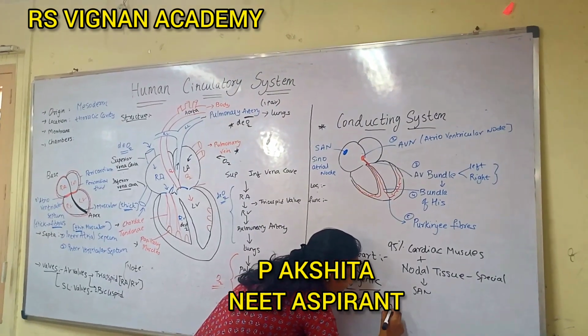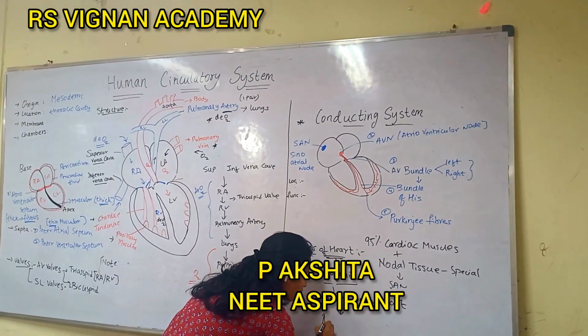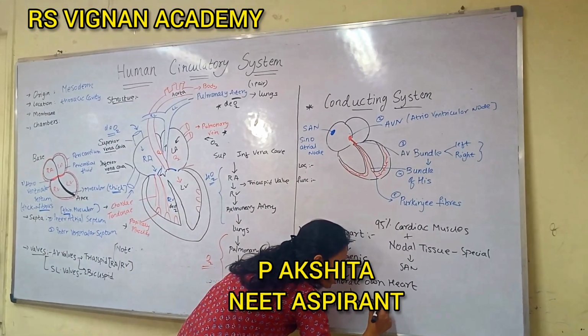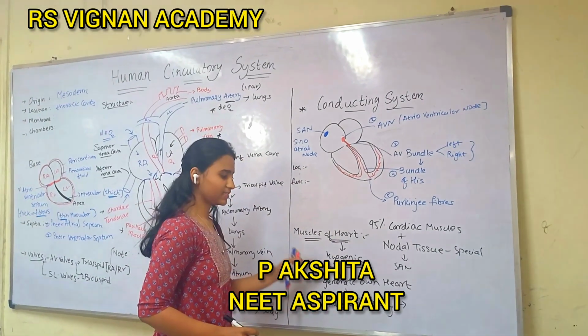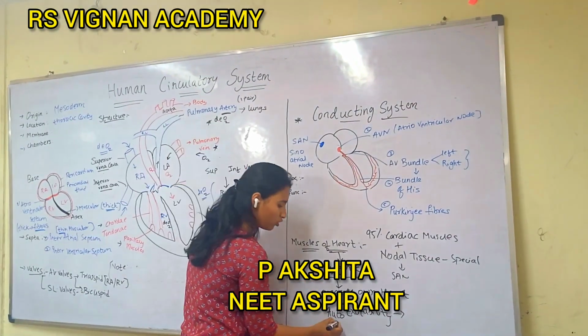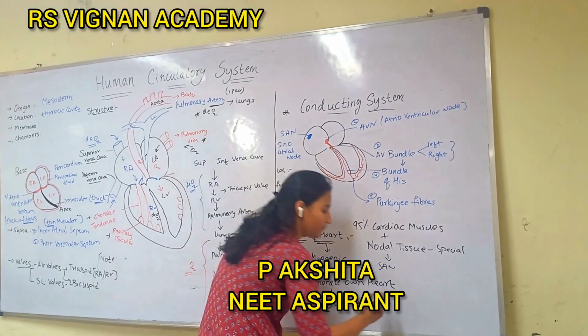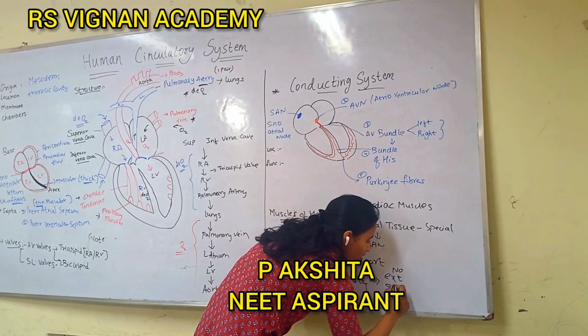That means it has the property of auto-excitability. Now what is auto-excitability? That means the heart doesn't need any external stimuli. Auto means self, so it can excite on its own. No external stimuli is required.